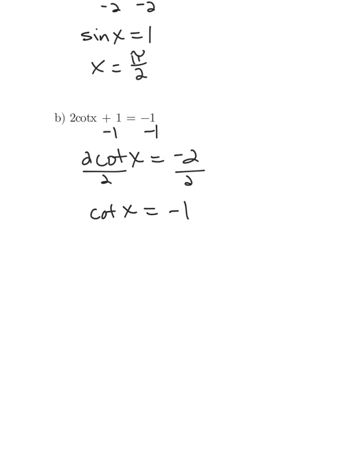So now we have to ask ourselves, what angle or angles, there may be more than one answer on these, will have a cotangent of negative 1. Remember, we talked about that cotangent and tangent are negative in quadrant 2 and in quadrant 4.